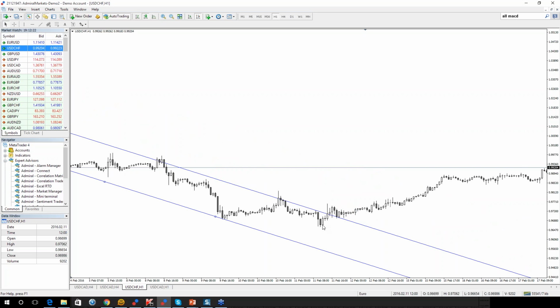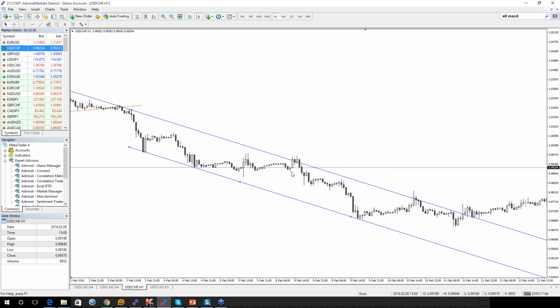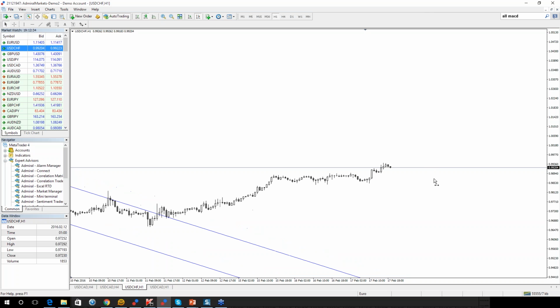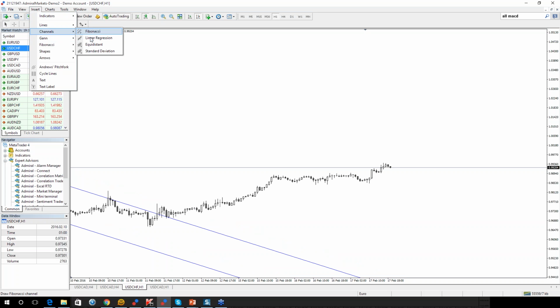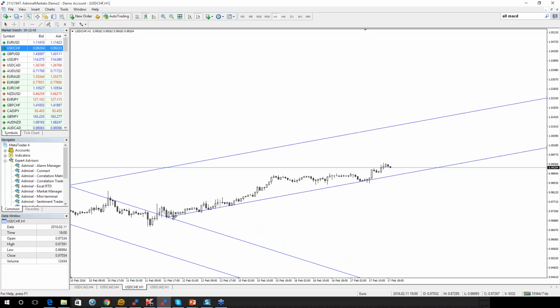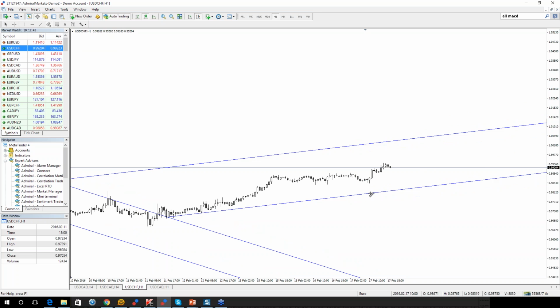Now this is the time, guys, where the price has gone outside the channel here. Because you see this is movement inside it, and probably we will see some upward movement, right? Yeah, the price started to go upward. You can also place another equidistant channel here. Now this is an uptrend.